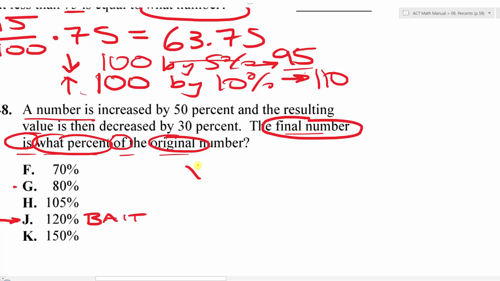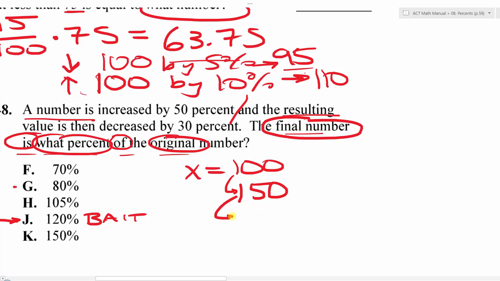So remember what we said. We said we're going to make the number 100. The first phrase says that that number is increased by 50%. Well, 100 increased by 50% of itself is going to give us 150. So after this first phrase, we're dealing with 150. Now they very clearly say the resulting value is decreased by 30%.